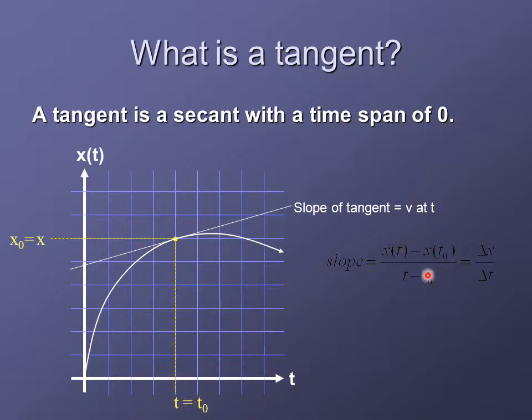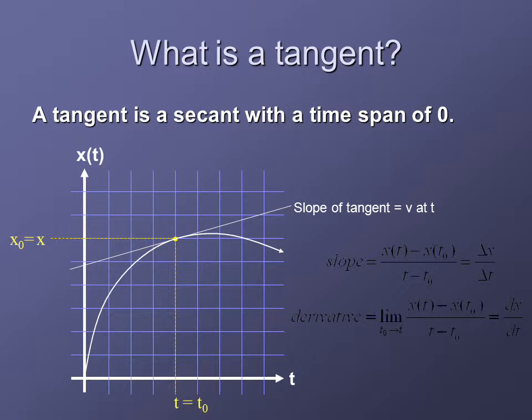Well, then you have 0 over 0, and you just saw a whole bunch of limit equations that help you deal with the limit as an equation approaches 0 over 0. Now, in this case, we don't have enough information about what exactly x of t is and what exactly x naught of t is in order to actually solve this. But what we can do is we can at least write out the limit.